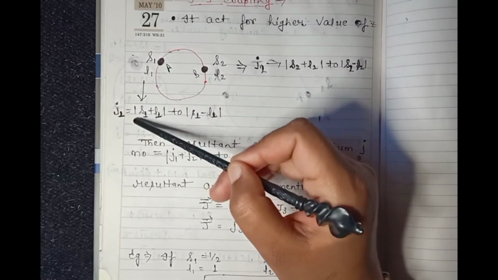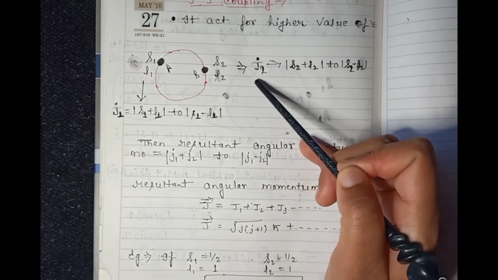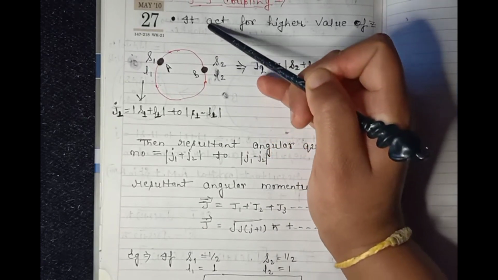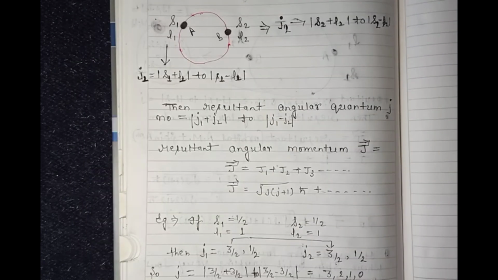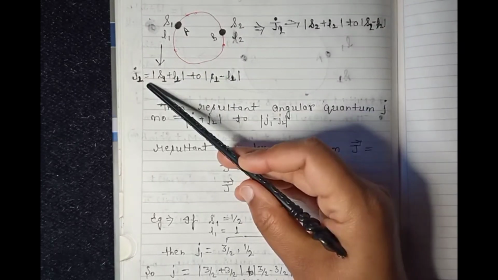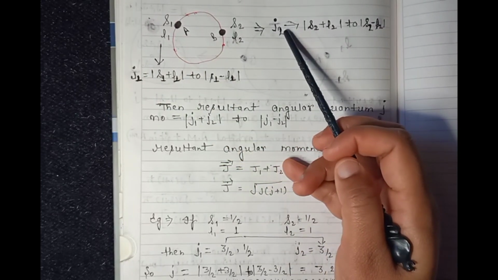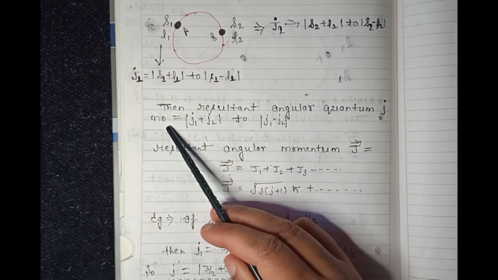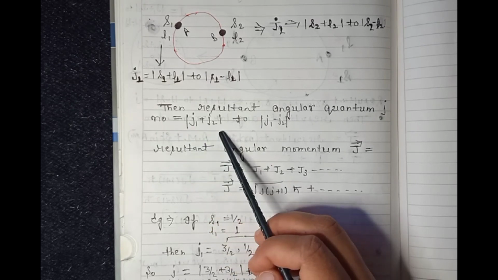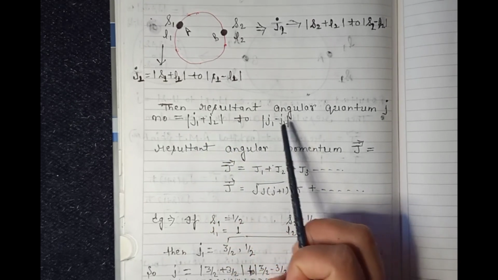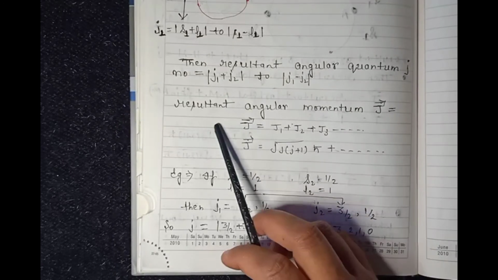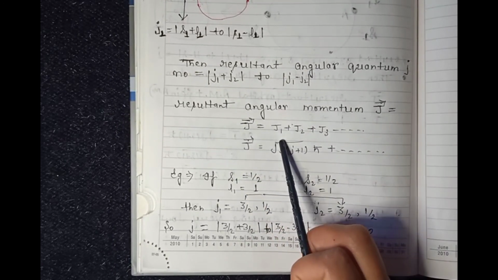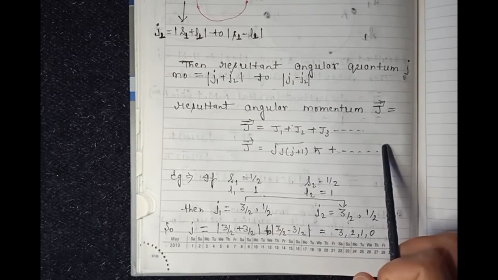So when the resultant of A interacts with the resultant of B, then it is known as JJ coupling. Then again this J1 and J2 follow vector addition. So resultant J will vary from J1 plus J2 to J1 minus J2. It is very interesting. And the resultant angular momentum is equal to J1 plus J2 plus J3, and so on.